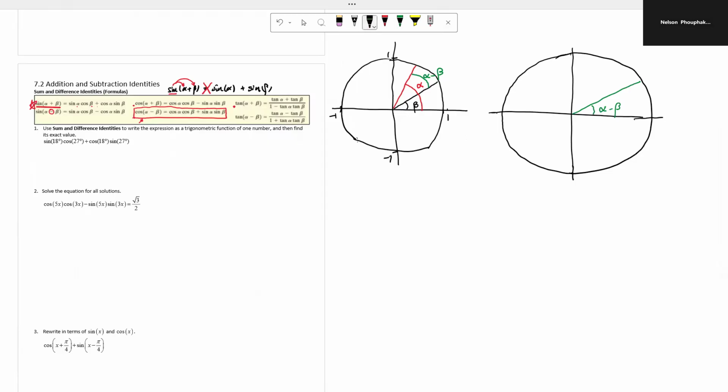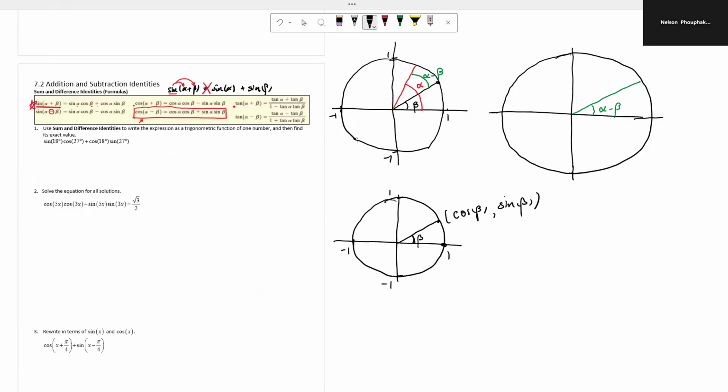If this is the case, let us look at this point right here. Remember back to chapter 5, if the angle is beta and this is a unit circle, then this point will be cosine of beta, sine of beta.